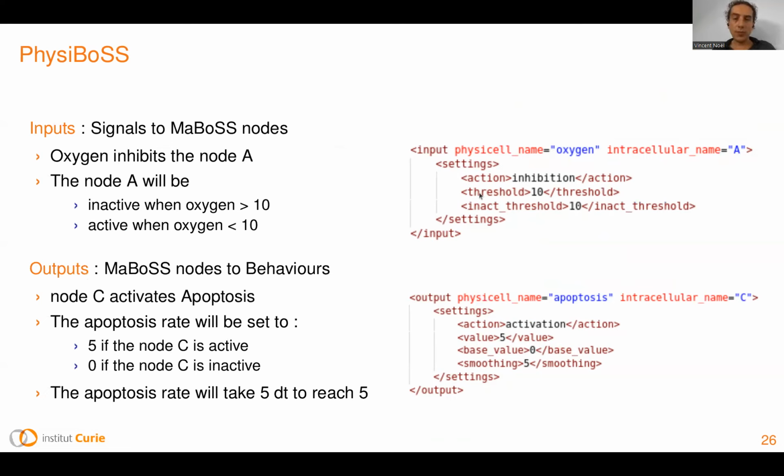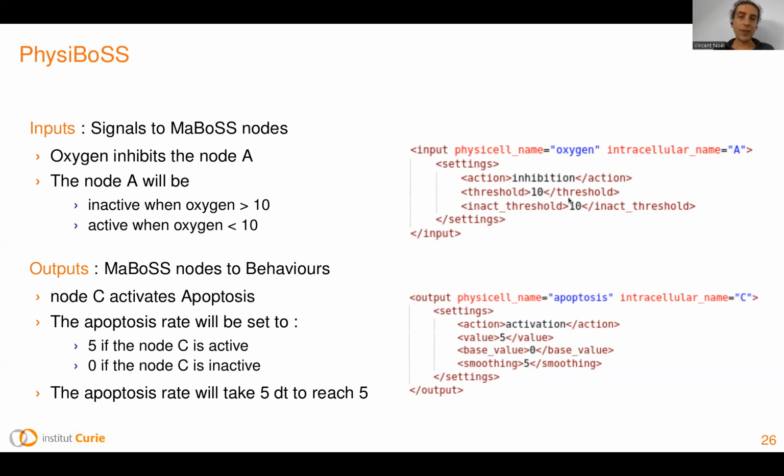So what we'll do is write an input which binds together the PhysiCell name, which is a signal oxygen, to the intracellular name, which is an input node called A. And then we define that this action is an inhibition. And we say that A will become inactive when oxygen is above 10.